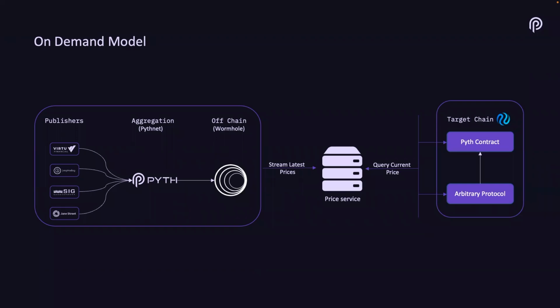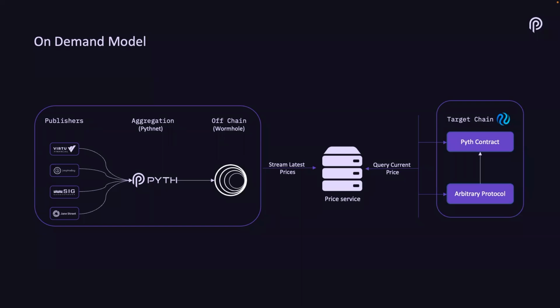Pyth doesn't push any price on chain. Instead, it allows consumers to pull these prices on chain. It is now up to the consumer when they want the price, when to push it and everything. Now, in this way, it is very scalable and sustainable because the overhead of all that gas fee is not on Pyth, but it is distributed across the network.